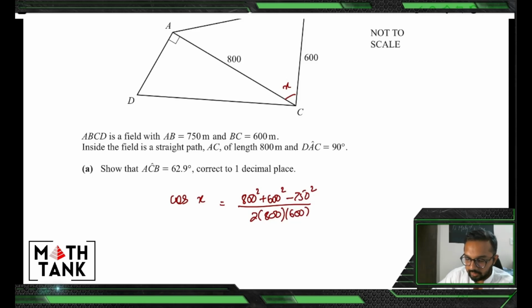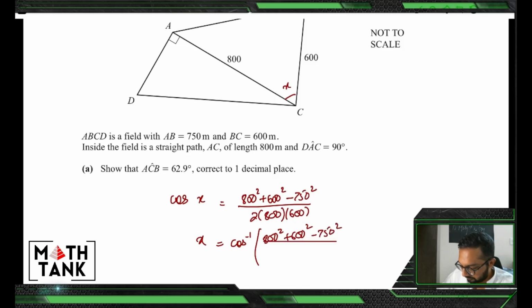Okay, so cos inverse again. 800 squared plus 600 squared minus 750 squared divided by 2 into 800 into 600.